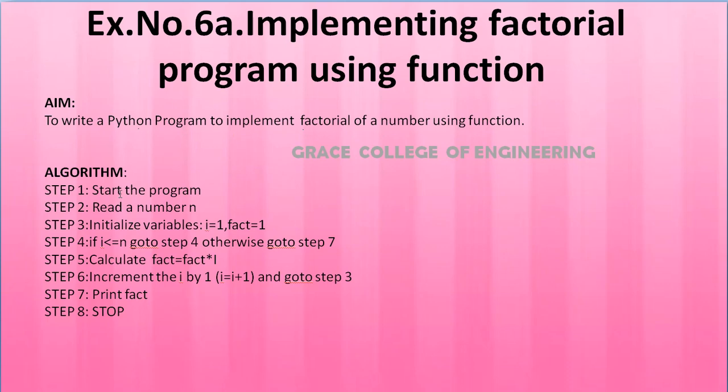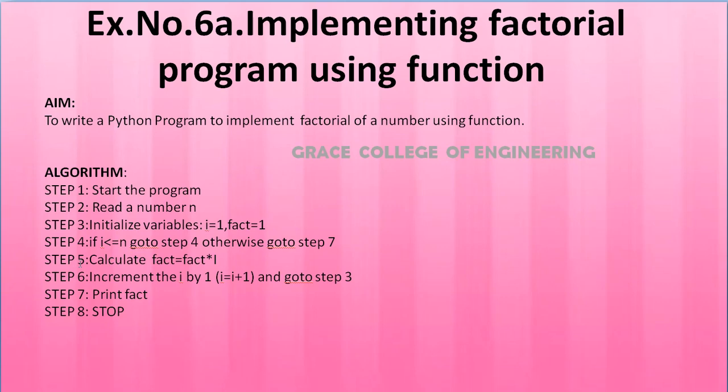Algorithm. Step 1, start the program. Step 2, read a number n. Step 3, initialize the variables: i is equal to 1 and fact is equal to 1. Step 4, if i is less than or equal to n, then go to step 5, otherwise move to step 7 and stop. Otherwise step 4 will be repeatedly calculated.